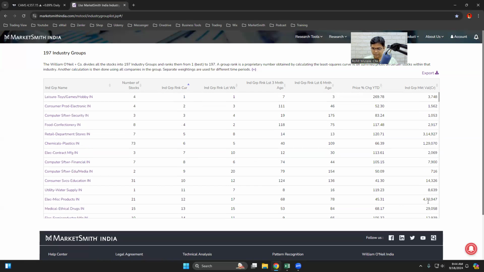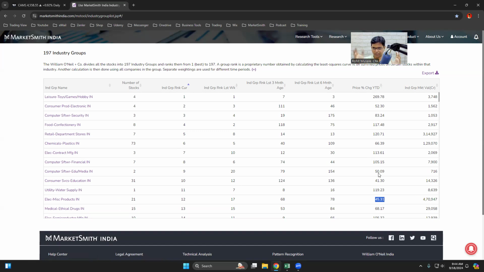So let's take this one. This is a large industry. Electronics, miscellaneous products, 21 stocks. So the number of stocks is high, which is good. The market cap is high, which means money is coming into the stock. The industry has given 45% return year to date. So which means from January till date, or maybe they are considering from March.